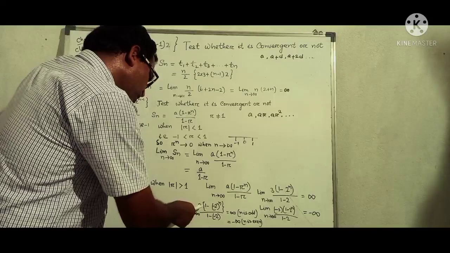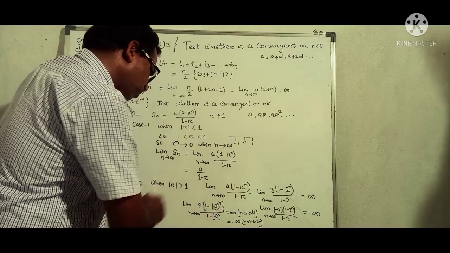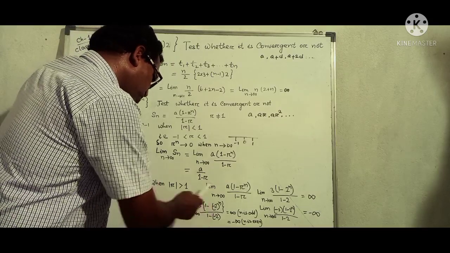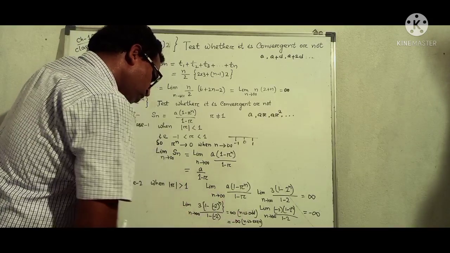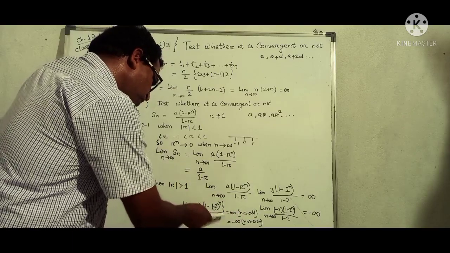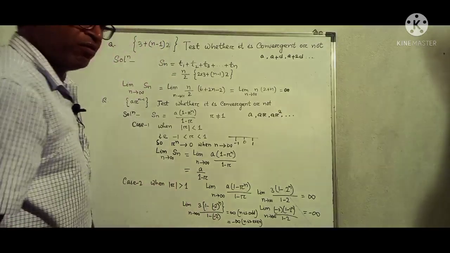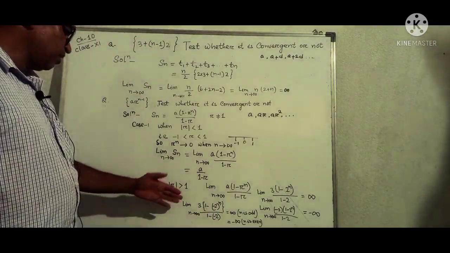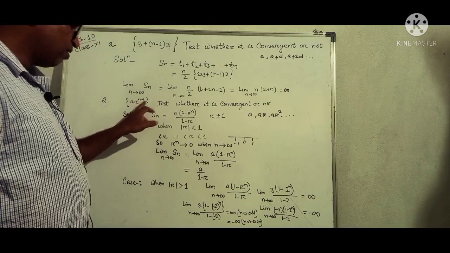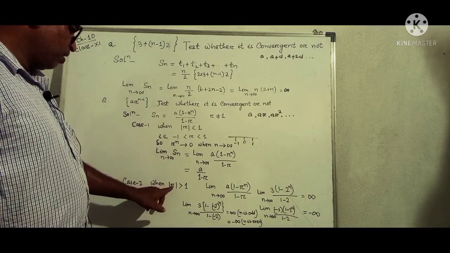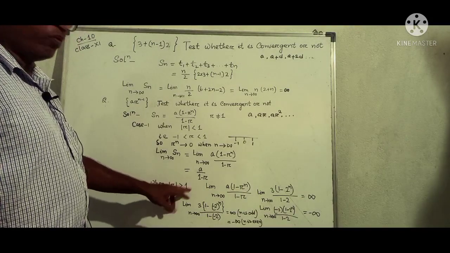Another example, 3 into (1 minus r to the power n) where r is equal to minus 2: that will be infinity when n is odd, and minus infinity when n is even. So we cannot say this sequence is convergent when the absolute value of r is greater than 1.